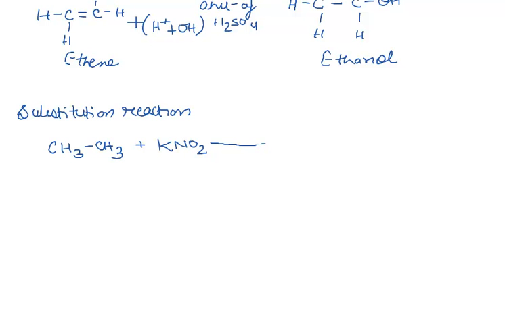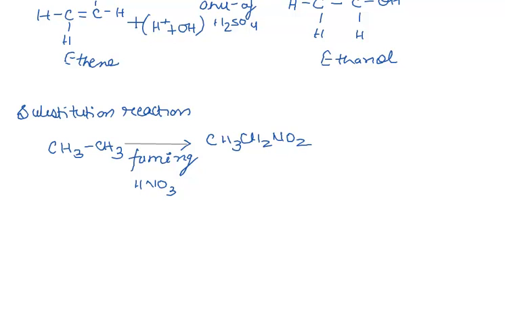What is used is fuming nitric acid. It's not potassium nitrate, it is done by fuming nitric acid. So in the presence of fuming nitric acid, which has got very high temperature, it will form what? CH3CH2NO2. So what is it? Nitroethane.